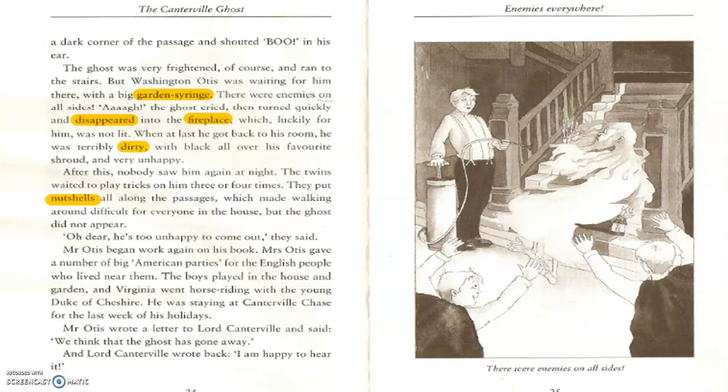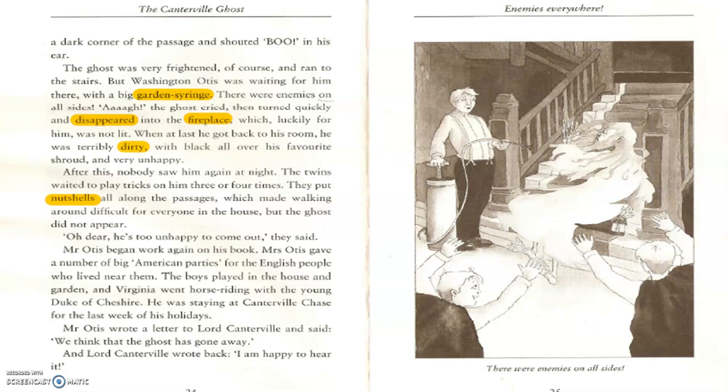"Ah!" the ghost cried, then turned quickly and disappeared into the fireplace, which, luckily for him, was not lit. When at last he got back to his room, he was terribly dirty, with black all over his favorite gown, and very unhappy. After this, nobody saw him again at night.